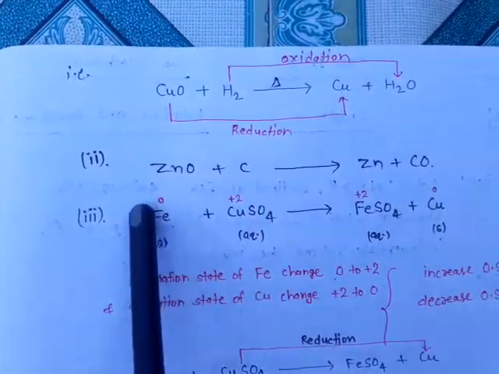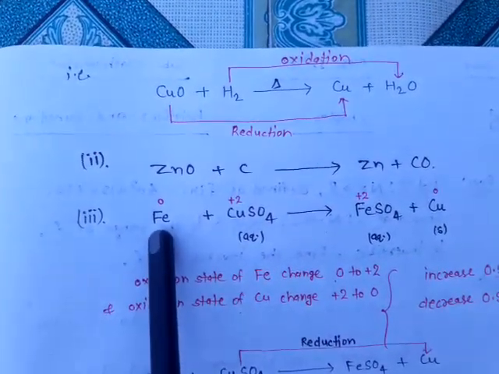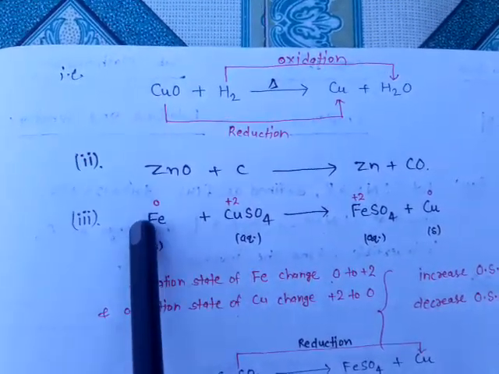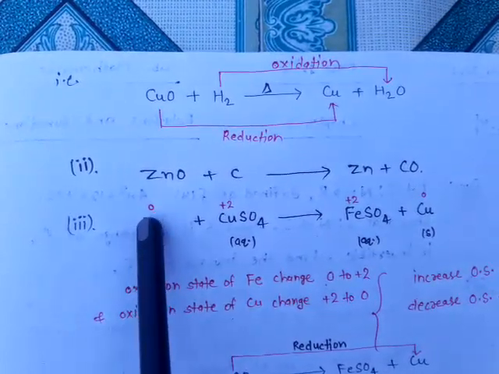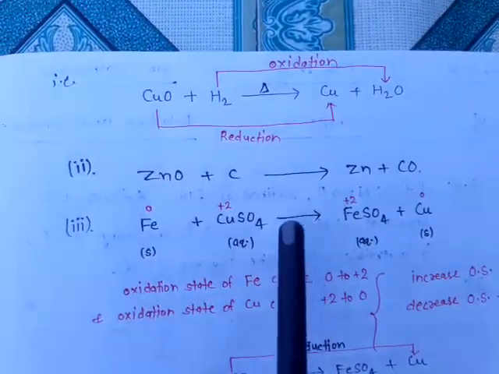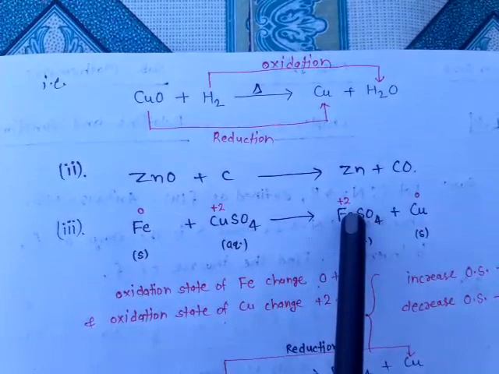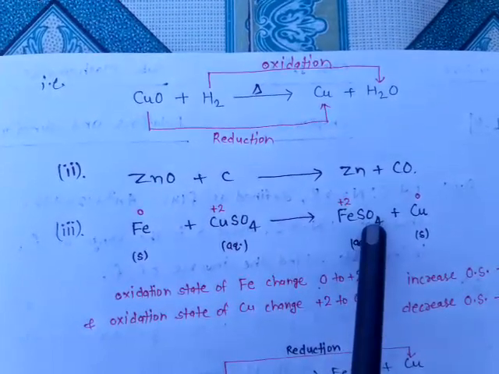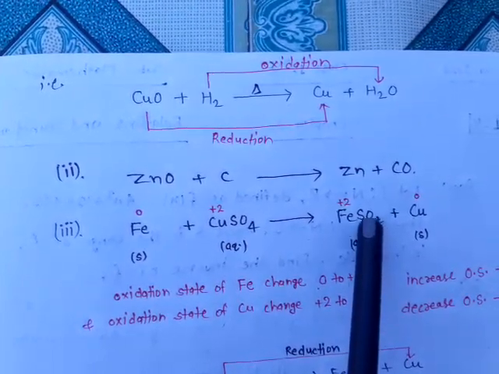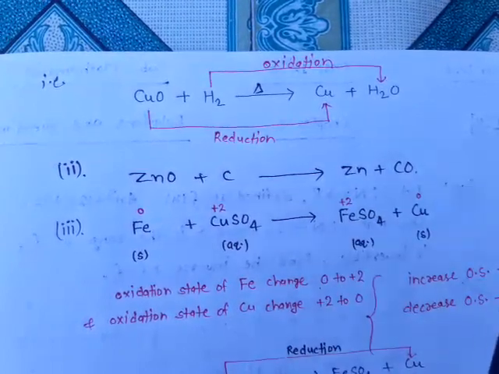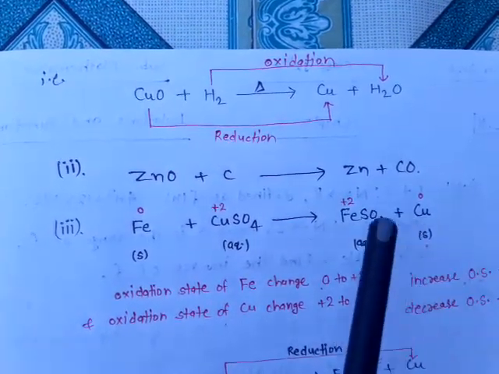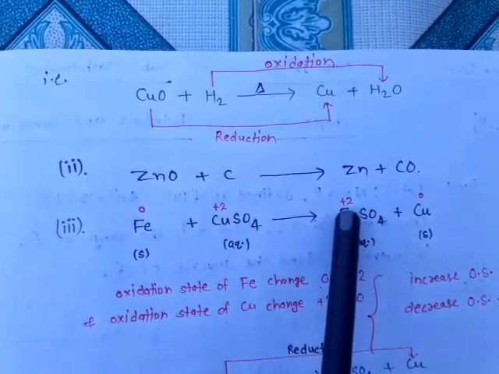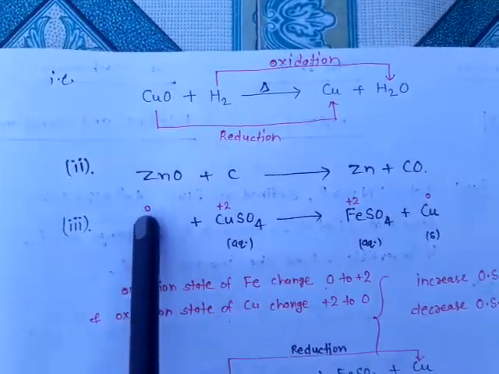Now here this is the free state of metal, and for a free state metal we assume oxidation state number is 0. Here FeSO4 has a sulfate ion, and sulfate ion has oxidation number -2, and transferring -2 to the other side we get +2. So here iron is +2 and here iron is 0.